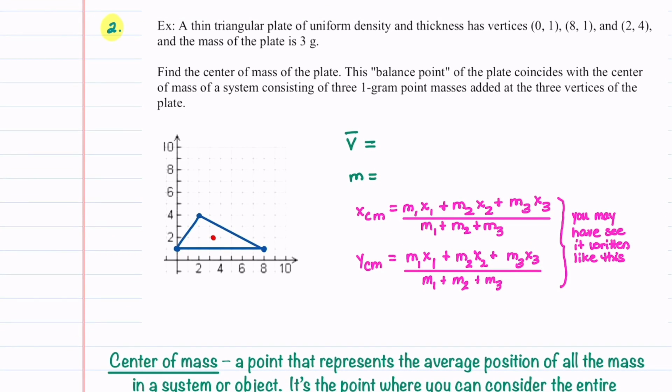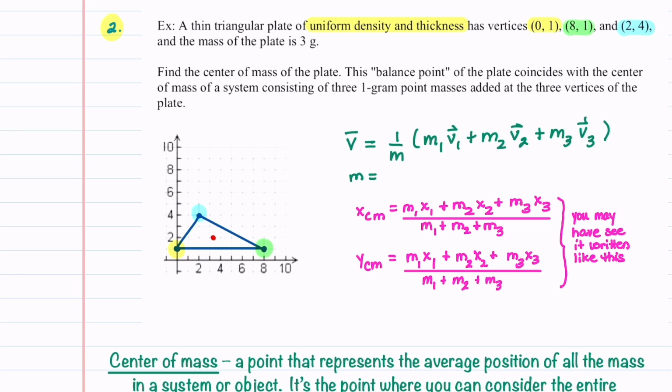In our second example, we'll use linear combinations of vectors to calculate the center of mass of a thin triangular plate. Our thin triangular plate has uniform density and thickness and has vertices (0, 1), (8, 1), and (2, 4). To find the center of mass of the plate, we'll use the formula V bar is 1 over m times m1 v1 plus m2 v2 plus m3 v3.